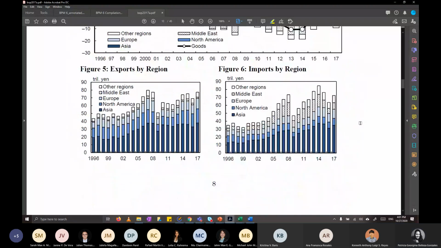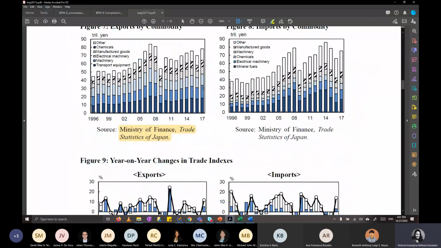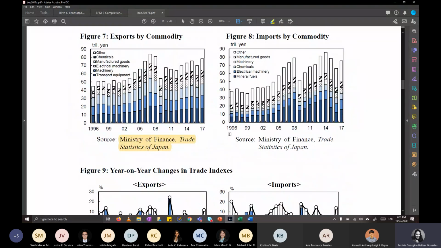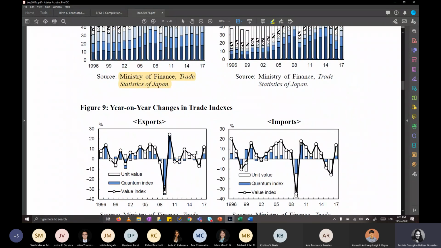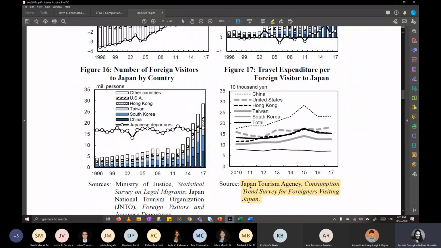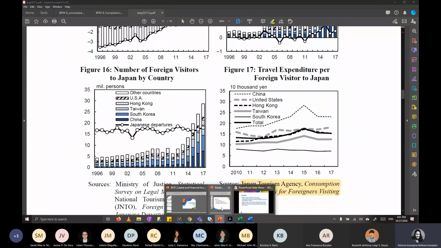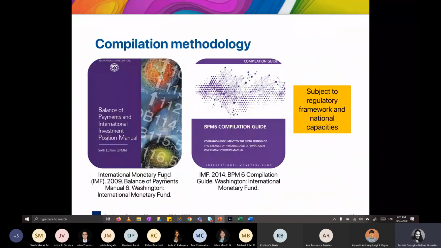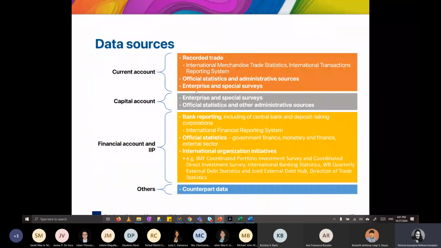So the sources for data for each of the accounts vary. For example, you have here the Ministry of Finance, Trade Statistics, and then others, like the Japan Tourism Agency, and so on. So just a final note, data sources are actually varied and there are a lot of requirements for the compilation of balance of payment statistics.